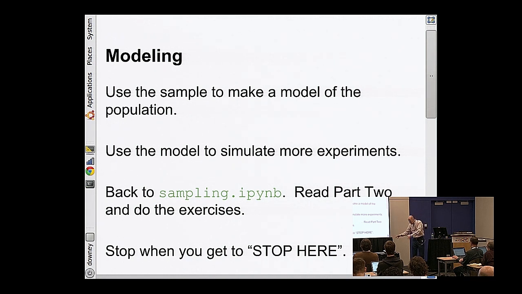You take the actual sample that you collected and you use it to build a model of the population, and then you use the model to generate new hypothetical samples that simulate what would happen if you ran the experiment again. The modeling step is important because you have to make some decisions there. There's not one unique correct model. There are several different ways that you can do it, and they have trade-offs. I'm going to show you one of them. That's what's coming up in the next section.